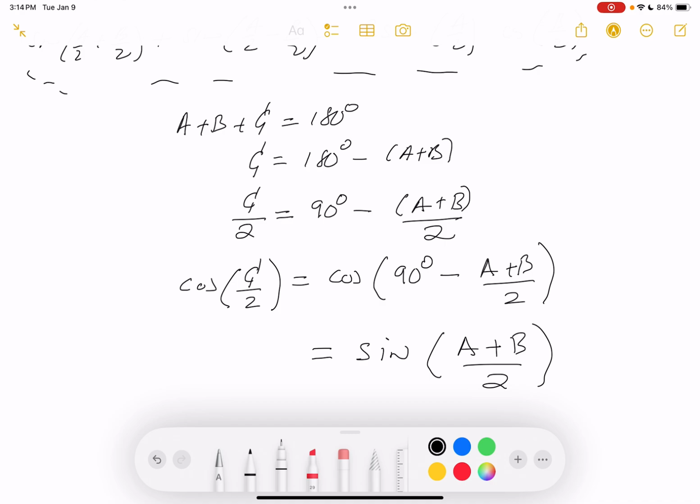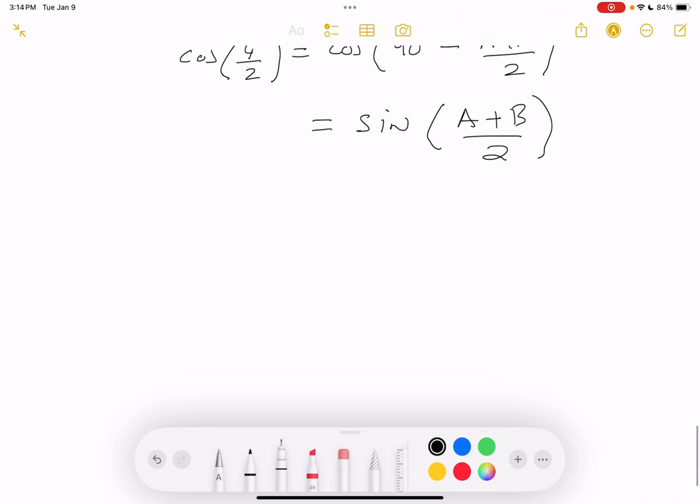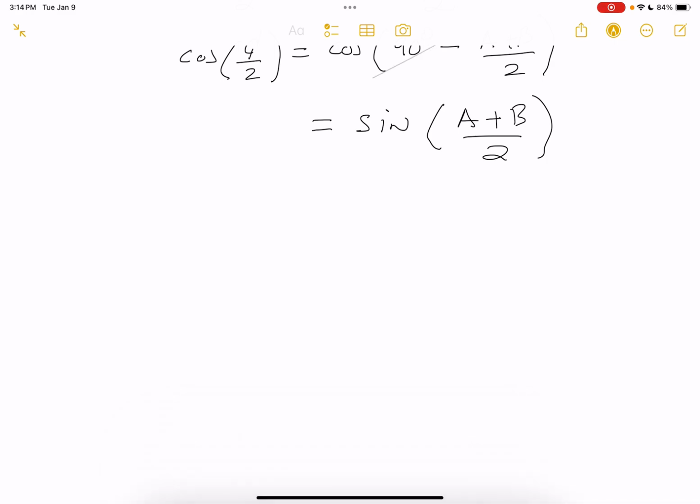So the sine of A plus B over 2, same thing as cosine of 90 degrees minus that angle, which is A plus B over 2. So we got something that may be useful too. So let me take a look what I have over here and try to pull this all together. And I want to tell you what we're looking at. And I'm looking at a couple of useful things over here. And let me see if I can write these things down.